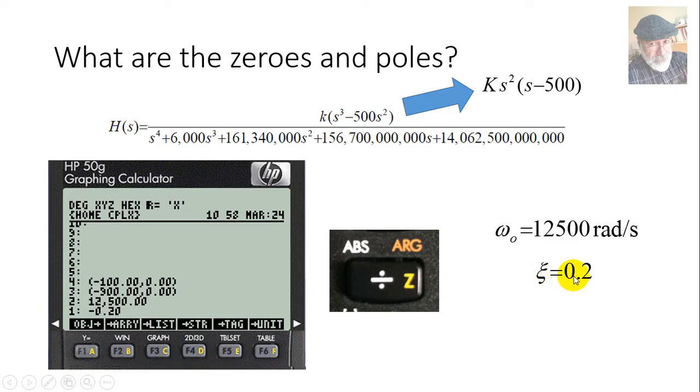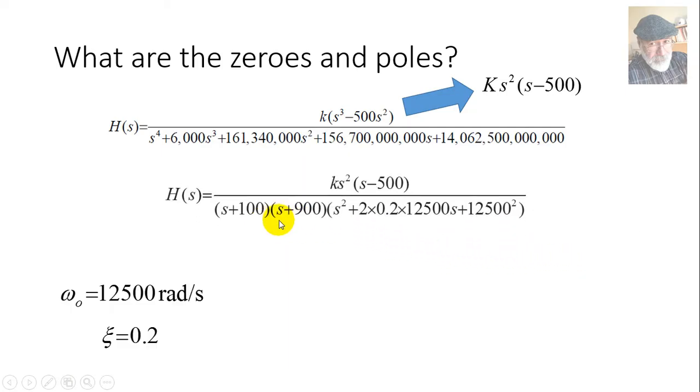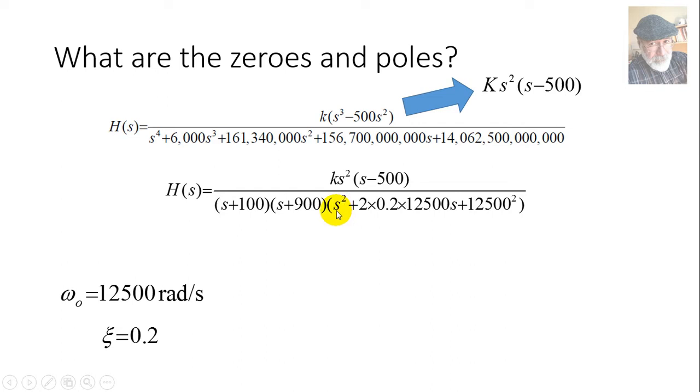Now we know what the quadratic term of the denominator looks like. It looks something like this: s squared plus 2 times 0.2 times 12,500 s plus 12,500 squared. The numerator is what it is, and the denominator has those 4 roots.